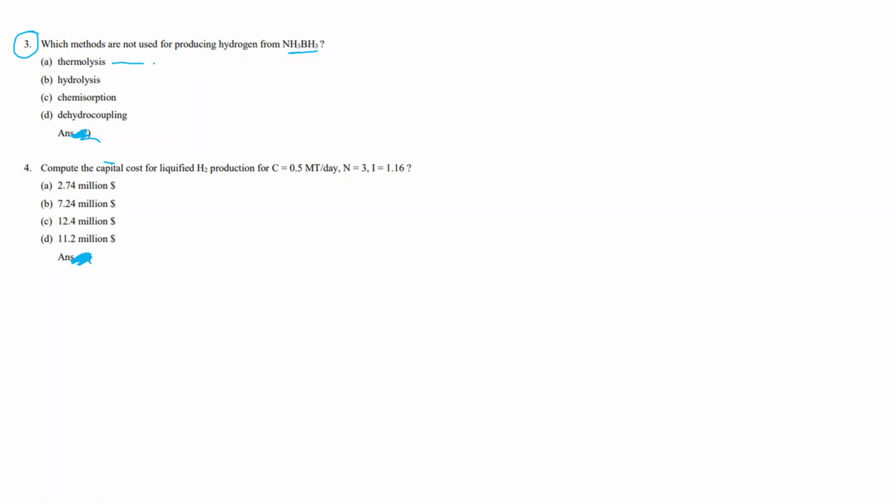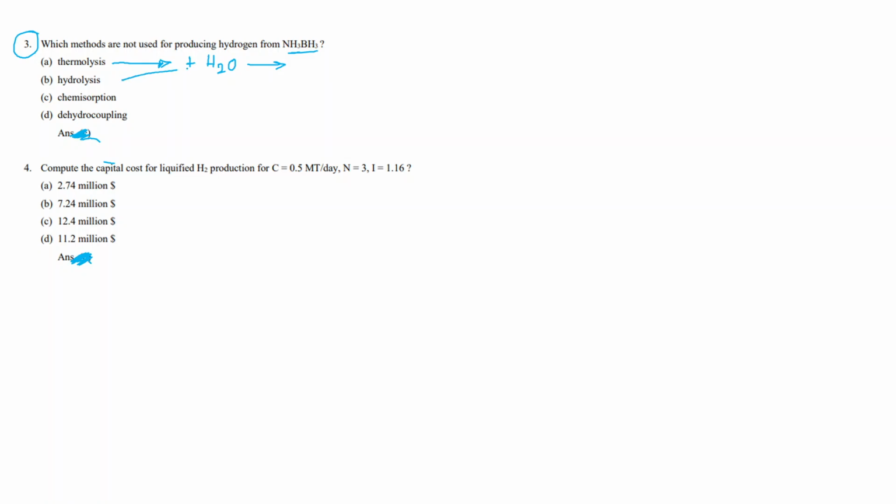What is the process of thermolysis? This is the process of reacting with water, producing hydrogen and subsequently another compound. This is called, sorry, this is called hydrolysis. I mean water.